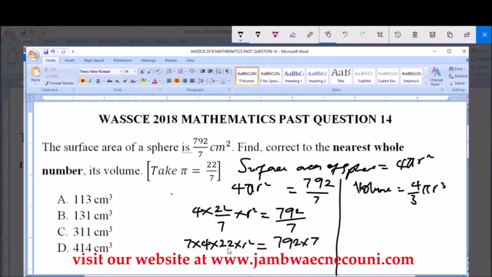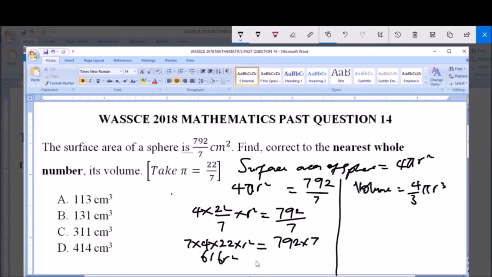Then from this we'll have 616 r square is equals to 5544. Now r square will be equal to 5544 divided by 616, and so r square is equal to 9.